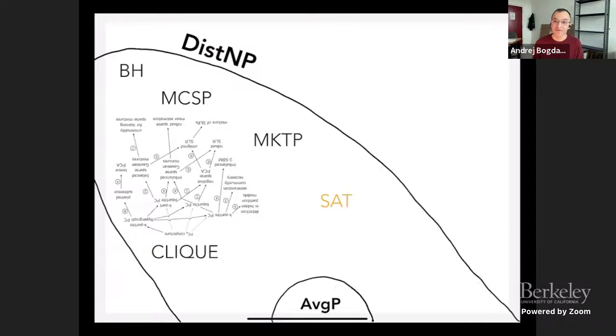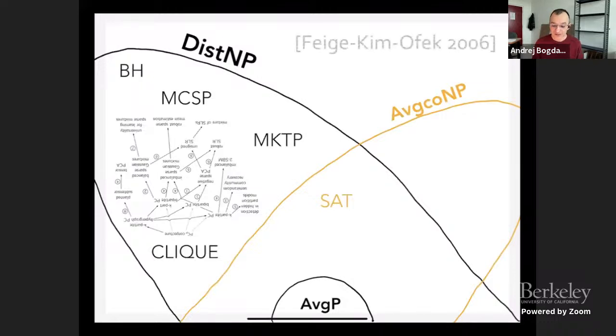One very interesting separation that does exist is from this work of Feige, Kim, and Ofek in 2006, where they showed that for random SAT, there is some setting of parameters, if you pick a random SAT formula in the unsatisfiable regime, where you have more clauses than variables, where we don't know how to algorithmically certify that it's unsatisfiable, but there do exist some non-constructive witnesses that we can verify.